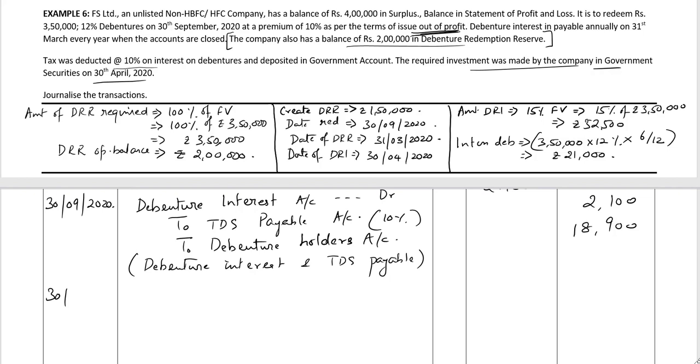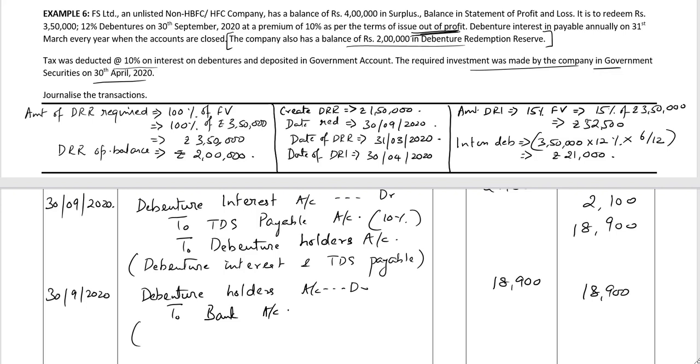On the same date, 30/9/2020, we will pay off the debenture holders the amount of the interest. Debenture holders account debit to bank account 18,900 rupees for the interest paid to the debenture holders.